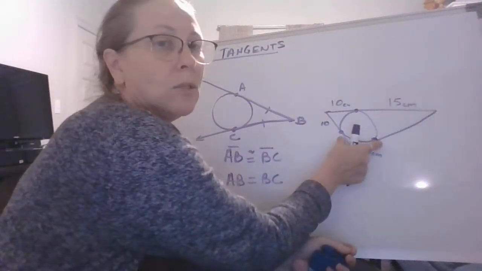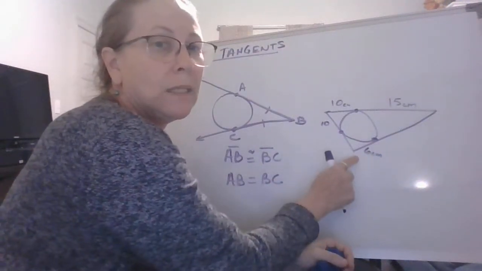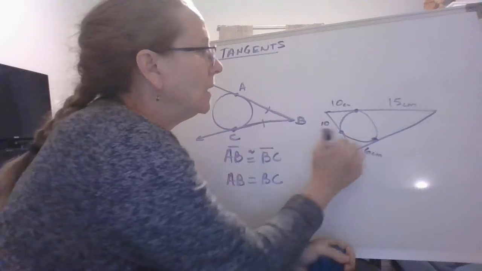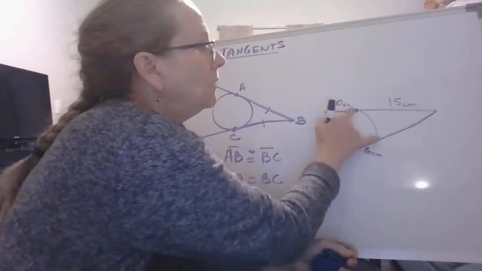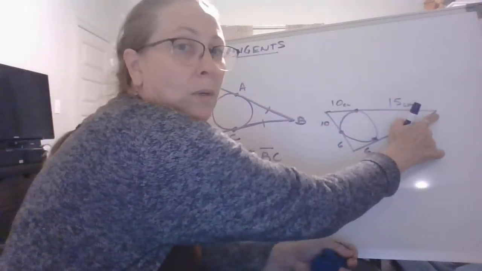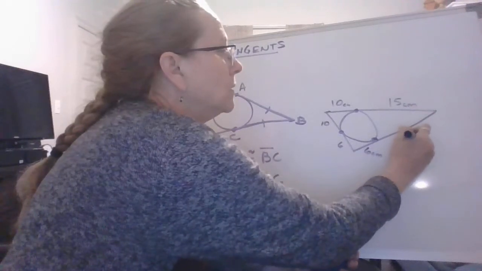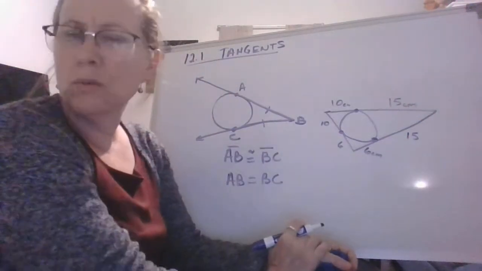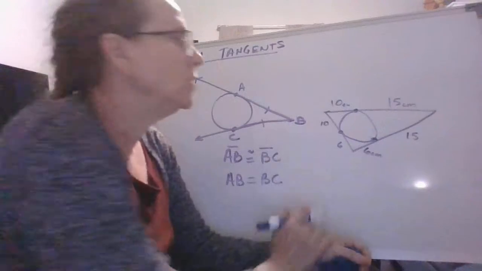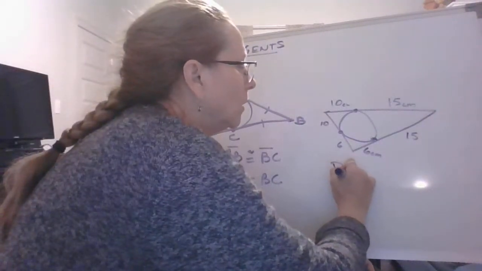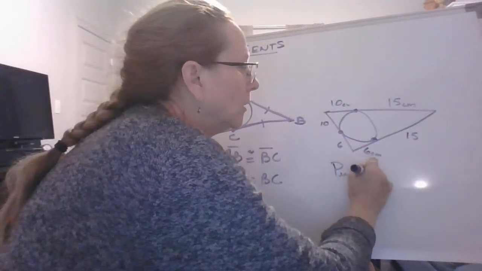And if these two tangents meet at an exterior point here, that means this is 6. And if these two tangents meet at the exterior point out here, then this is 15.